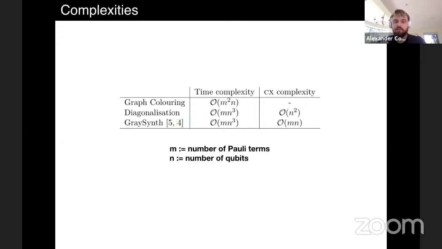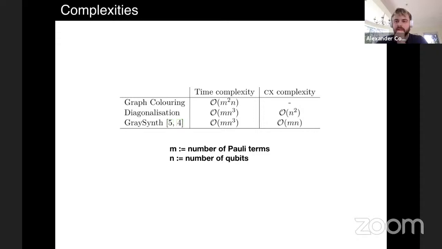And diagonalisation, finding compatible pairs, is cubic in the number of qubits, and GraySynth is also cubic in the number of qubits. And there are also some upper bounds on the number of CNOTs that we produce, but this isn't very enlightening. But the takeaway of this part is that the classical computational cost is pretty heavy for doing this.